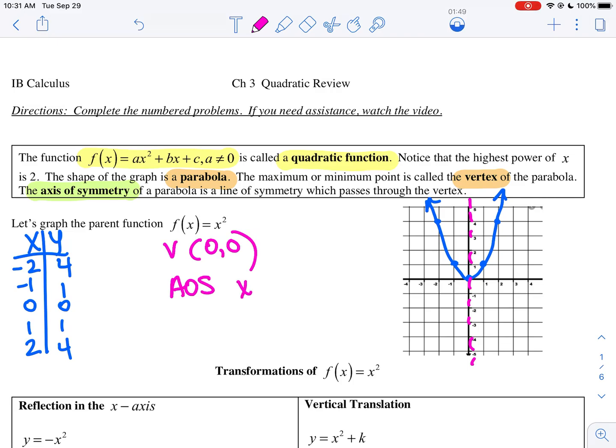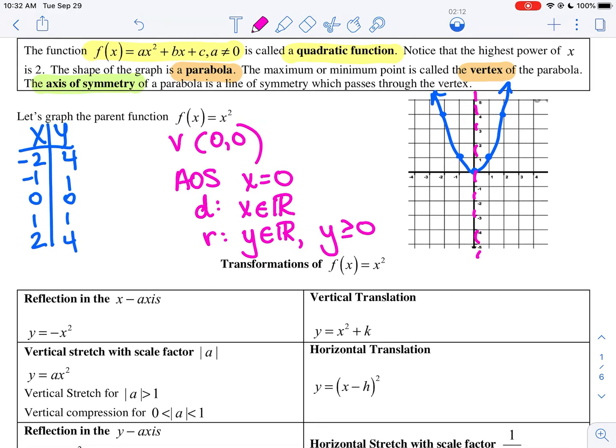The axis of symmetry, make sure you do have that it is an equation, so it's x equals 0. The domain is all real numbers. And the range, though, is y is a real number such that y is greater than or equal to 0.